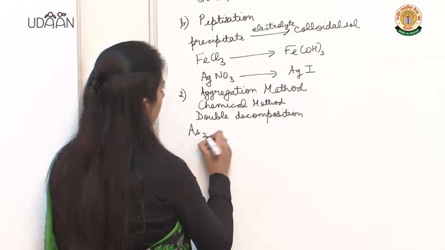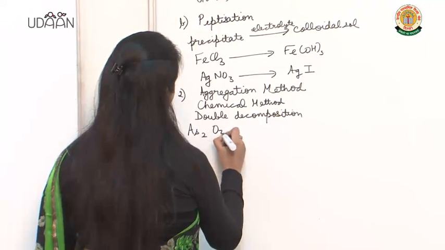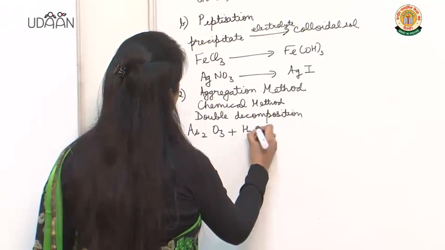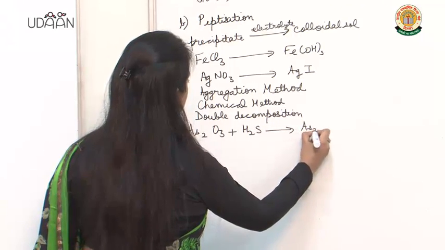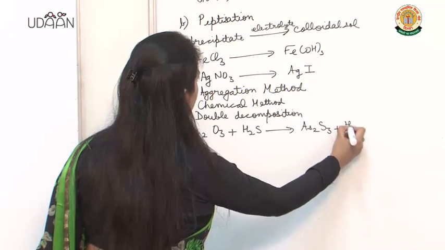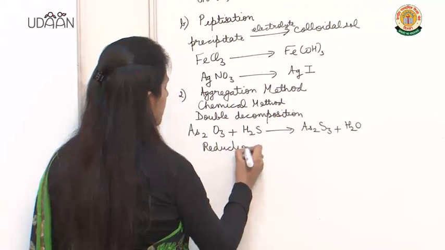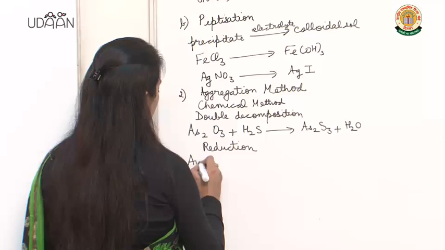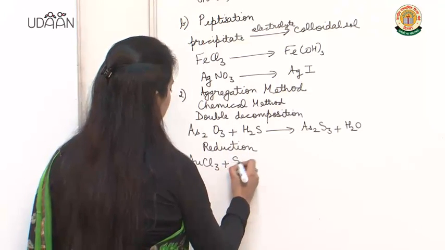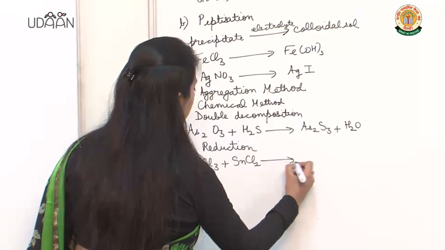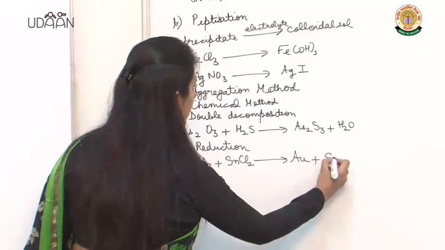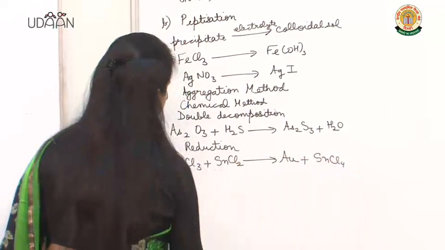So we take As2O3 plus H2S, we get As2S3 plus H2O. We use reduction to prepare gold sol. AuCl3 plus SnCl2 gives gold sol plus SnCl4.